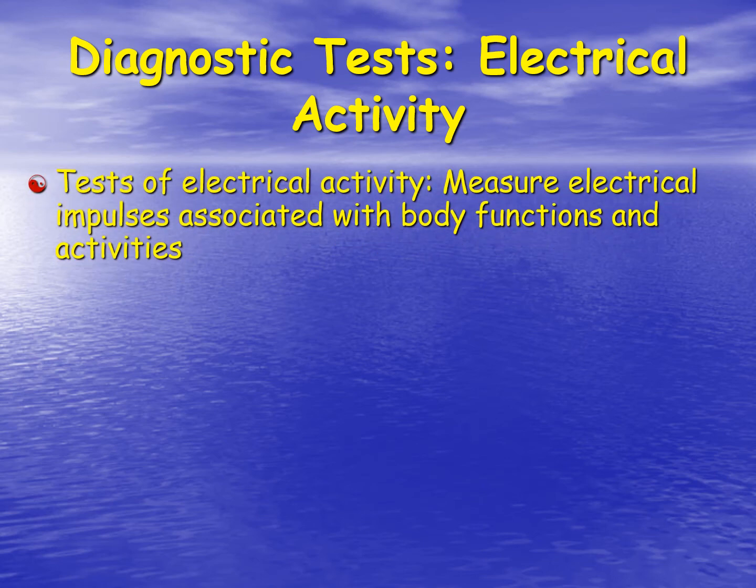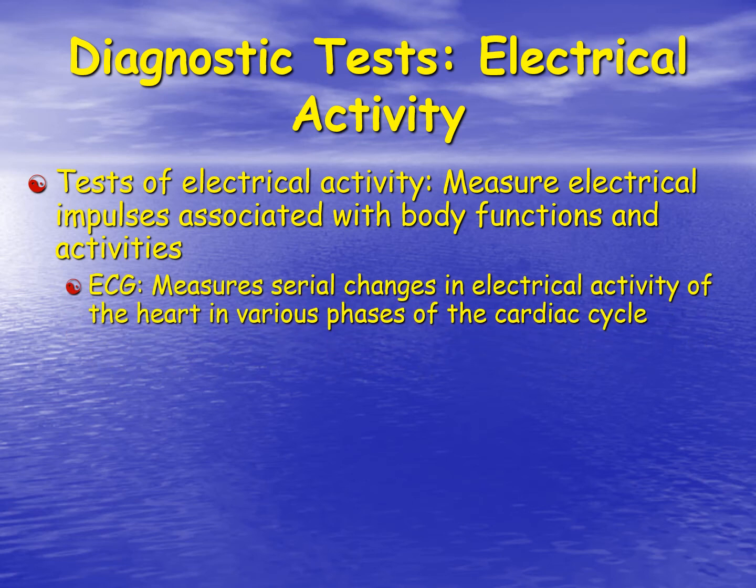We can also look at electrical activity through certain tissues, and this will test and measure the electrical impulses associated with body functions and certain activities. And you're probably familiar with the ECG or EKG, the electrocardiogram. This will measure serial changes in electrical activity of the heart in various phases of the cardiac cycle.